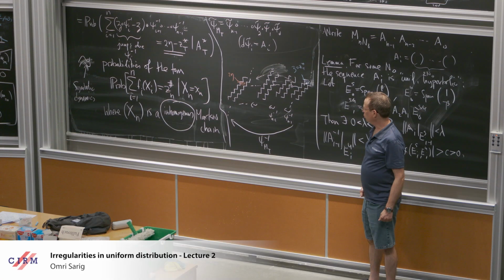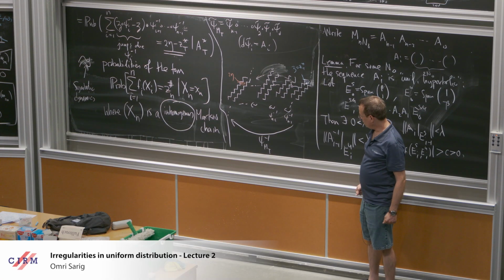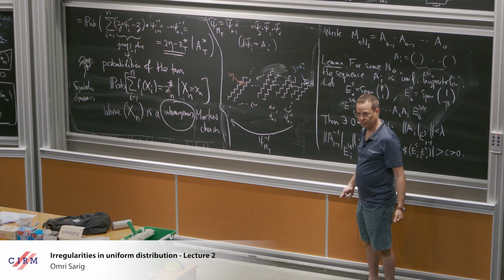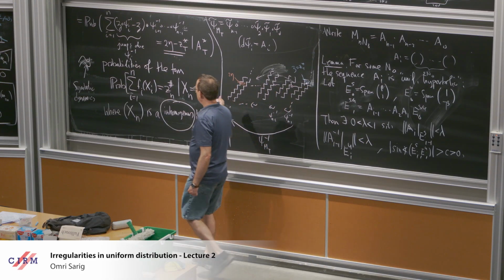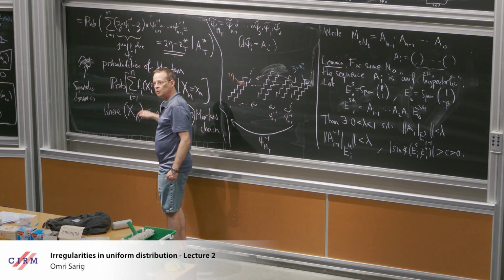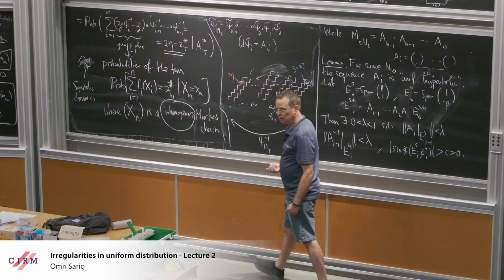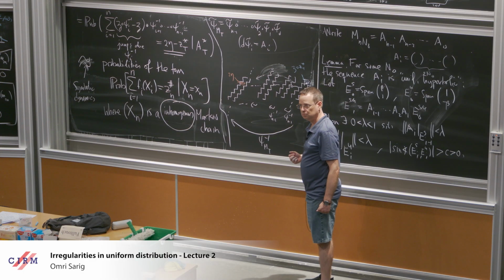Okay? So at this point you go to the library and you look for books for local limit theorems for inhomogeneous Markov chains, and you realize that you have to do it yourself. So how to do it? What is the local limit theorem for inhomogeneous Markov chains, we'll discuss in the last lecture. Okay.